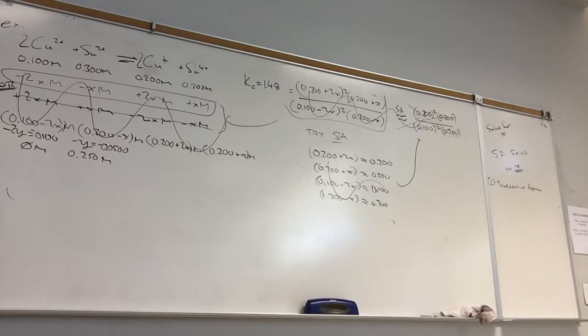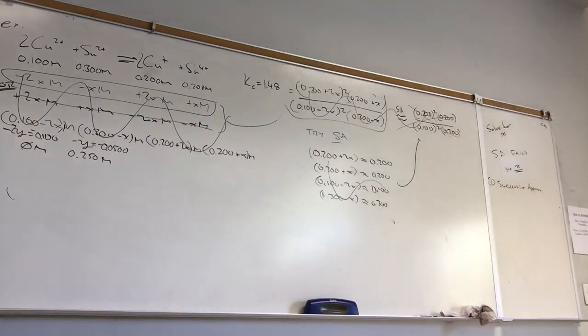No, it doesn't change. You just use chromium. What if it's an ion? No, if it's a negative ion, it's -ate. Oh, you mean like chromium 3 plus? Yeah. You just call it chromium 3.